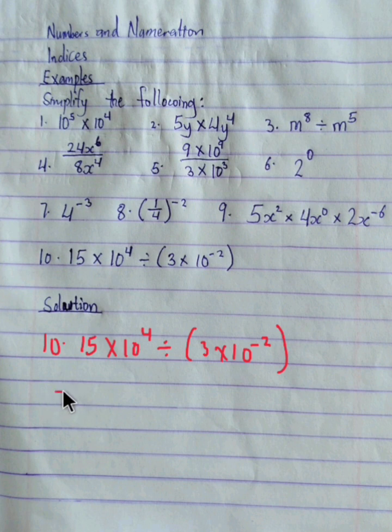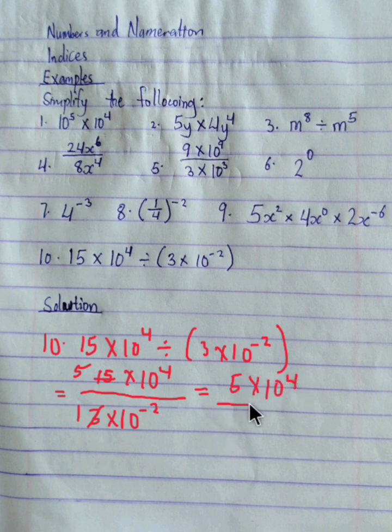So we can write this as 15 times 10 raised to power 4 divided by 3 times 10 raised to power minus 2. 3 into 3 is 1, 3 into 15 is 5. Now we have 5 times 10 raised to power 4 over 1 times 10 raised to power minus 2.